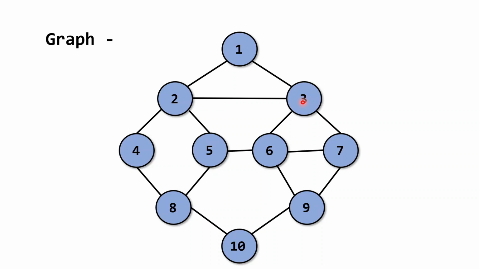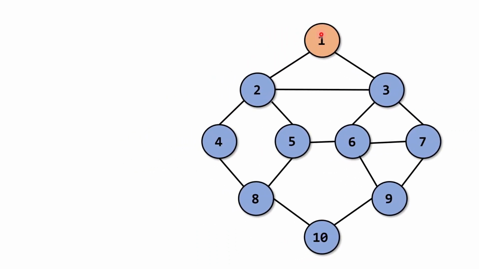So what I will do here is select the first vertex of the graph and mark it as visited. The orange background here shows the visited node, and I will put this node into a queue.